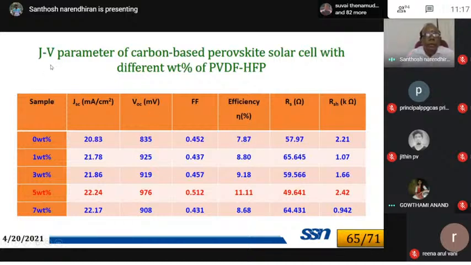The current voltage parameters of carbon-based perovskite solar cells with different weight percentages of PVDF-HFP. So you have a series of data taken, and I have highlighted this particular value which gives you the best result. Cell efficiency leads to 7.11%. And everywhere you find a big improvement in JSC, VOC, and in the fill factor there is an improvement.